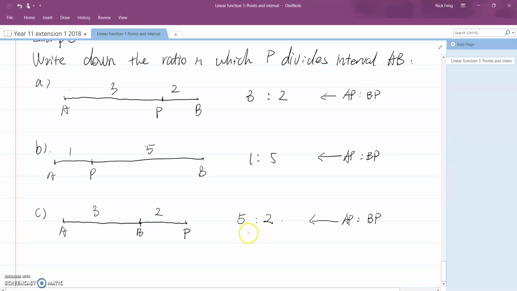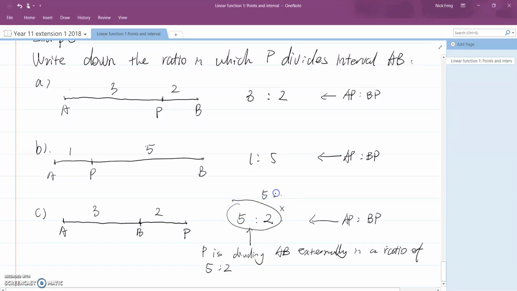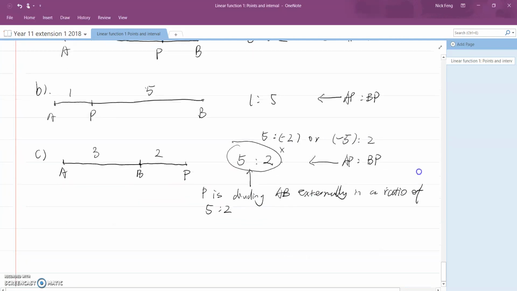So you can either say P divides AB externally in a ratio of 5 to 2. Or if you just want to say divide into some ratio, this one is actually not 100% correct. It should be 5 to -2 or -5 to 2 in terms of ratio.